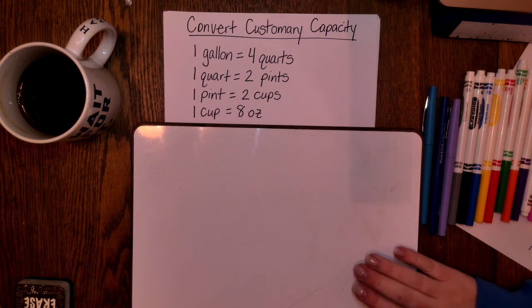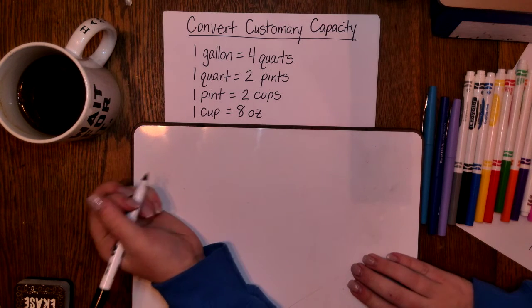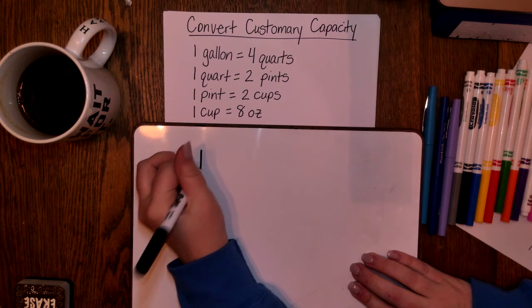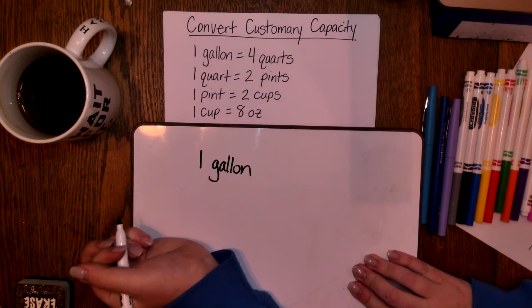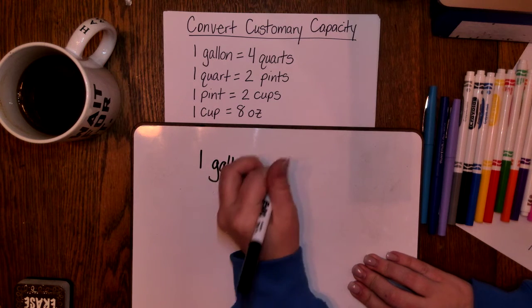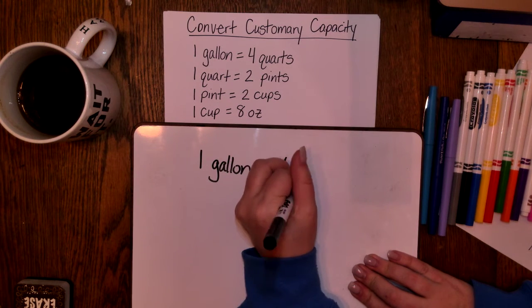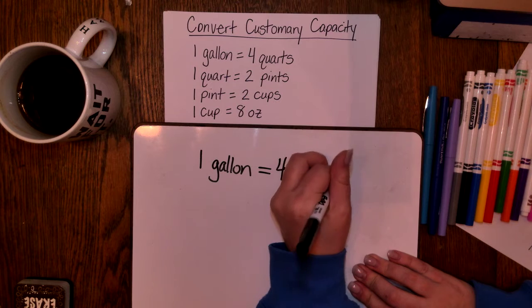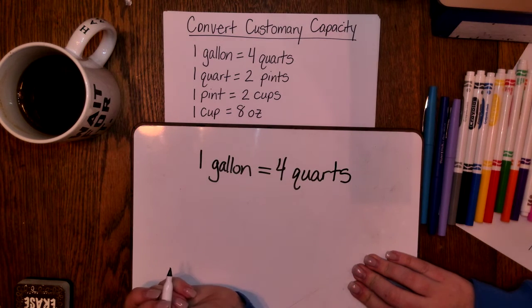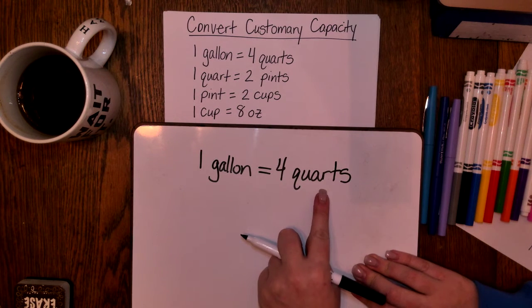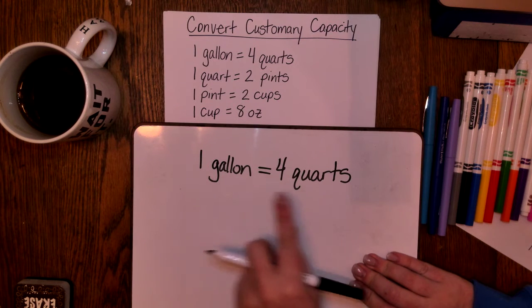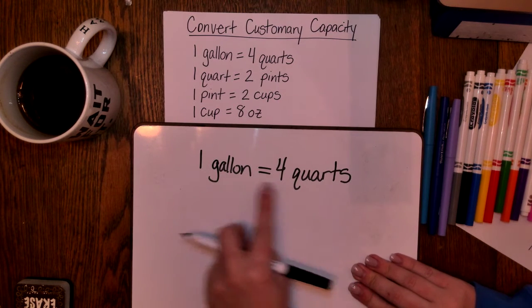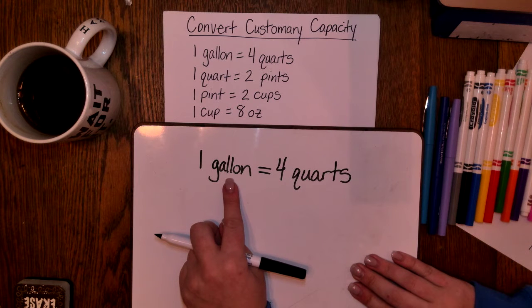If I have gallons, I know that 1 gallon equals 4 quarts. Quarts are smaller than gallons, and I know this because more quarts can fit inside of a gallon.